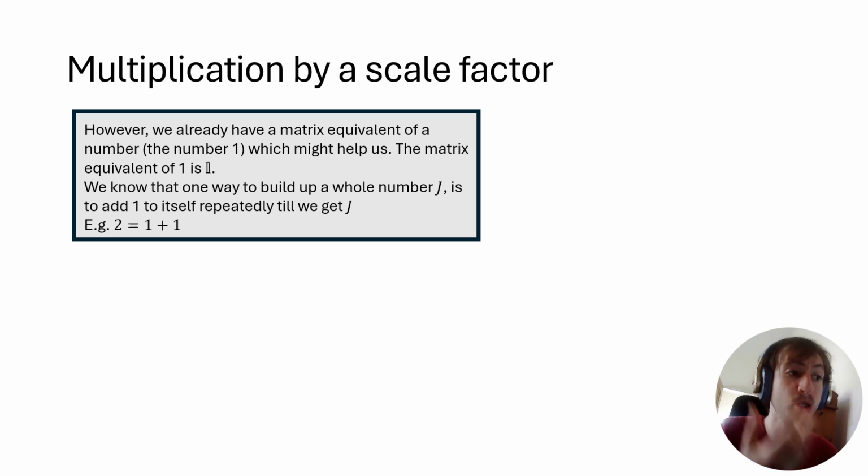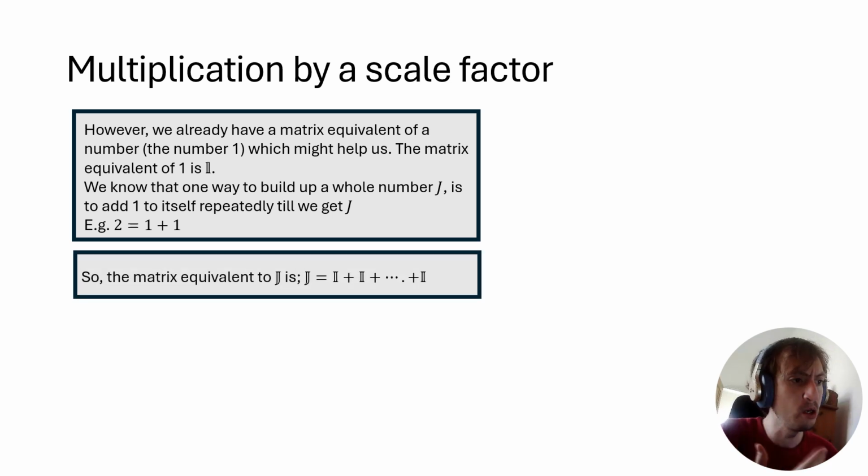And providing j is a whole number, we can get j by just repeatedly adding 1. So we might say, well, if j is a whole number, then the matrix equivalent of j is just going to be given by adding the identity matrix to itself repeatedly, in direct analogy to how we construct a large whole number using the number 1.